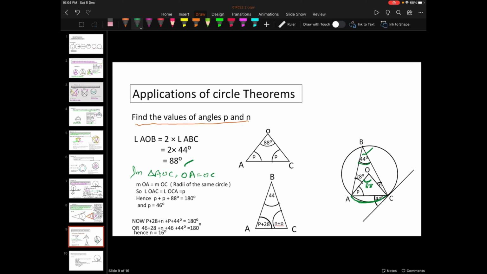Both are radii of the same circle, and this triangle has equal sides. If two sides of a triangle are equal, then their opposite angles are also equal. So the angle OCA is also P.